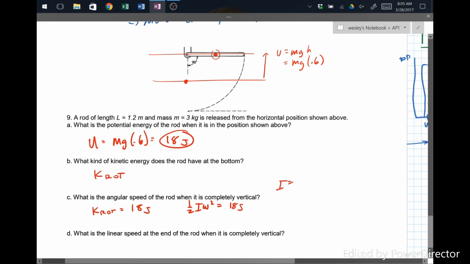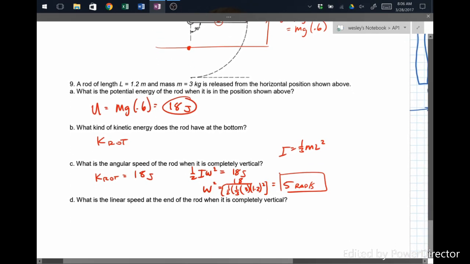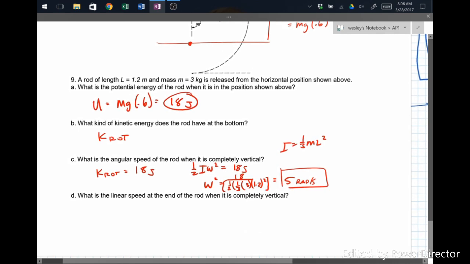I, in this case, is 1/3 ml squared. So omega squared is going to be 18 divided by 1/2 times 1/3 times 3 times 1.2 squared. If you put that in your calculator, you need to have the whole bottom part bracketed. And if you do that, you end up with 5 radians per second.